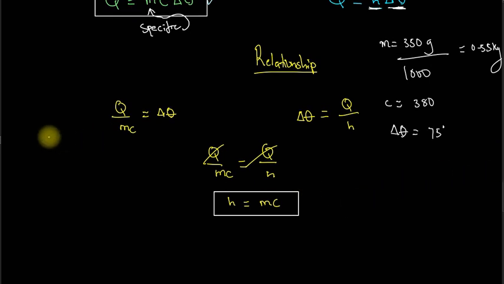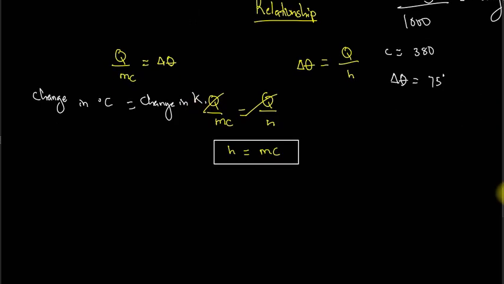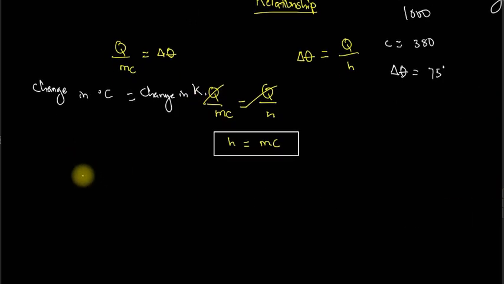Now, I don't know if I've mentioned this already, but change in degrees Celsius is equal to change in Kelvin. So you don't need to convert again. What do I mean by this? Normally, the unit of specific heat capacity is joule per kilogram per Kelvin.